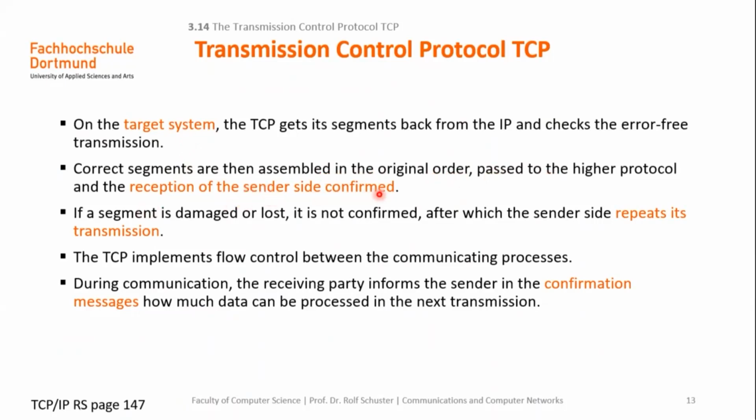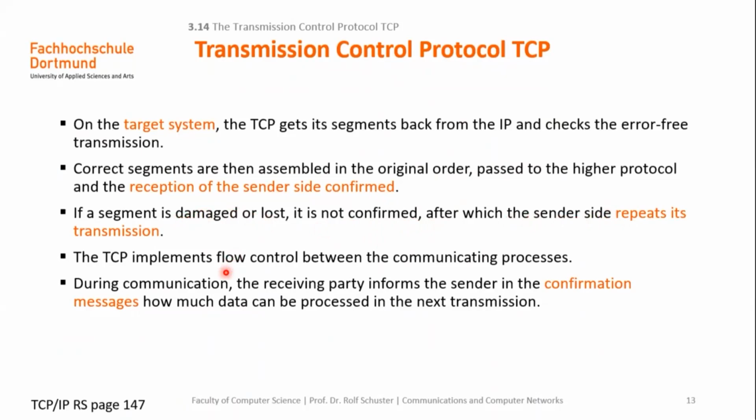That is, the receiver sends to the transmitter a confirmation that is called acknowledgement, and is accomplished using a number called acknowledged number. If a segment is damaged or lost, it is not confirmed, it is typically discarded, after which the sender side repeats its transmission. That is, the sender retransmits the segment that was damaged or lost.